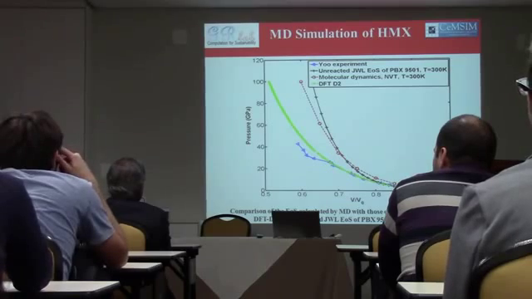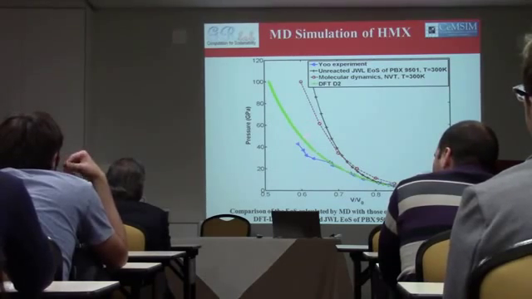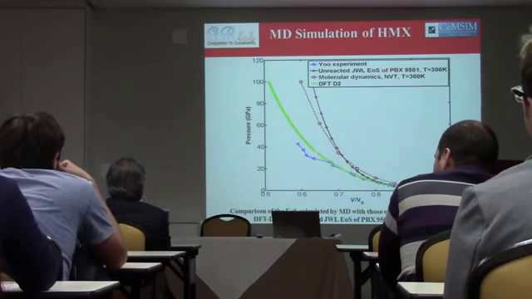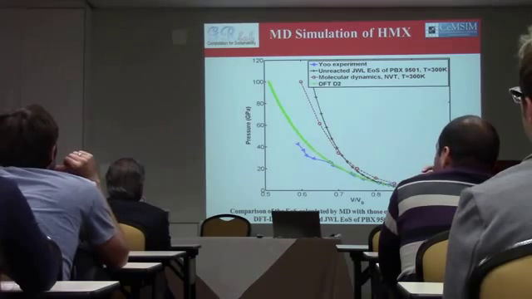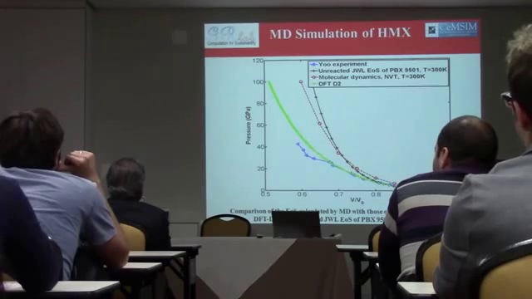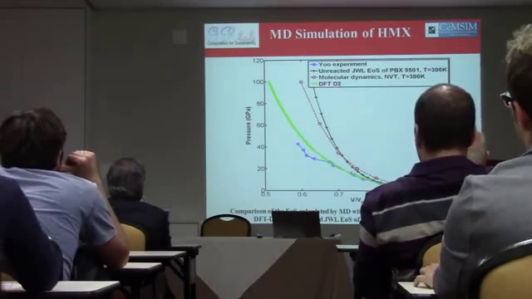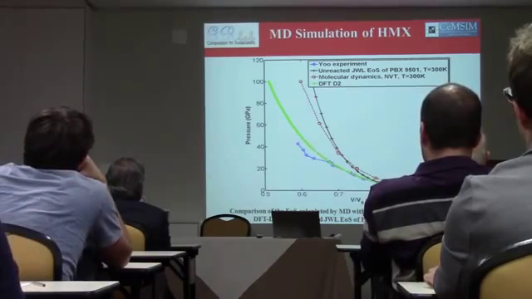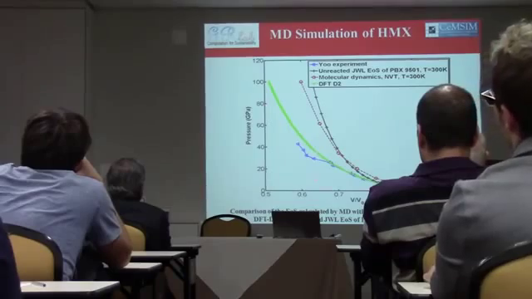So our further study is like this. We look at the material, which is HMX, and we fix the temperature at 300 degrees K. Then we use a different way to do it. We built a DFT model, which is a quantum mechanics model, and we get a curve like this.